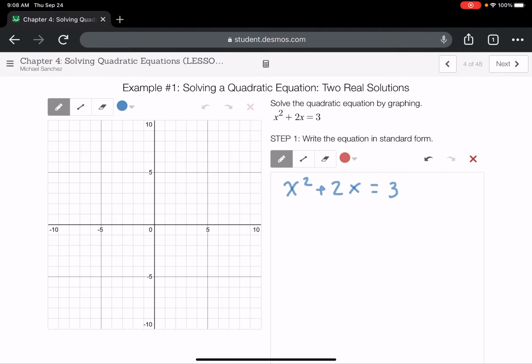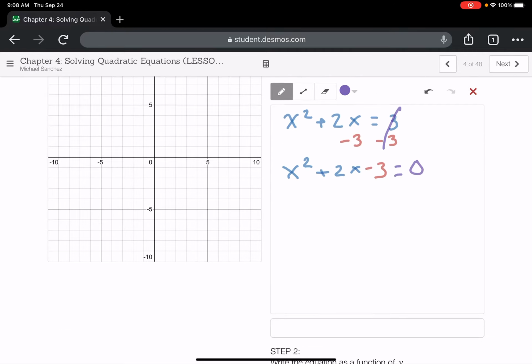In order for this equation to equal 0, I have to subtract the 3 and move it over to the left side. So that's going to give us x to the power of 2 plus 2x minus 3, equal to 0. Okay, so now we have this in standard form.